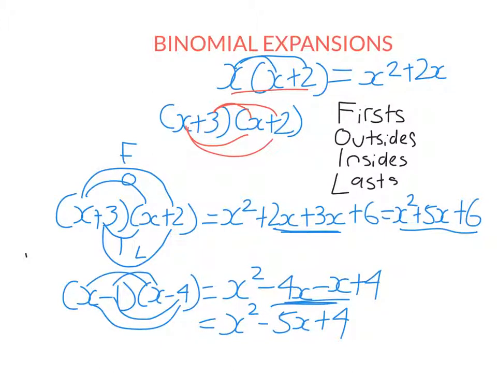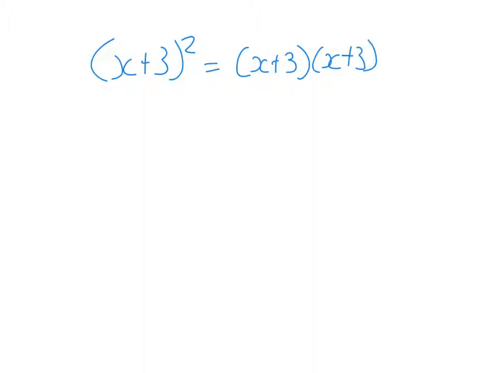How easy is that? So I'm just going to show you a couple of other examples that look different, but really we can use the FOIL method all the same. So what if I had something like x plus 3 all squared? Well, remember, squaring is the same as multiplying something by itself. So I can just write it in expanded form like this, and I do it no differently.